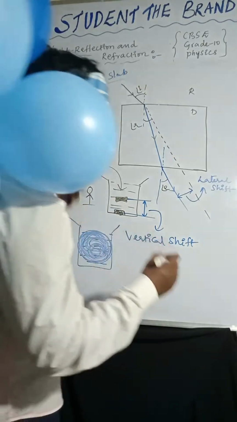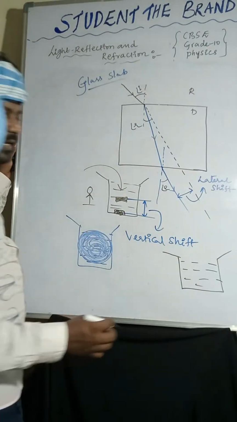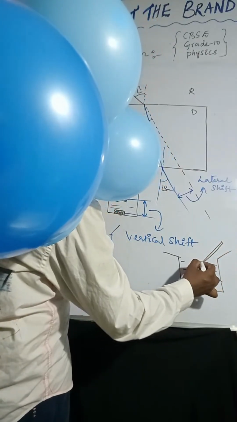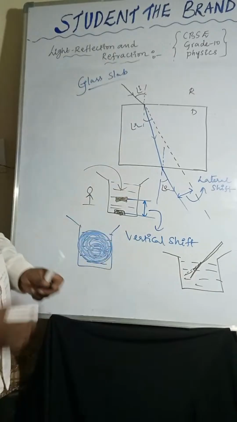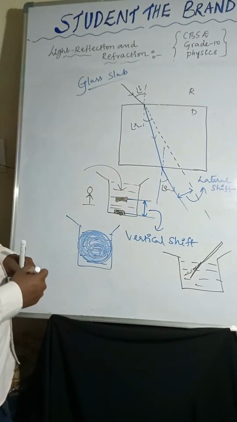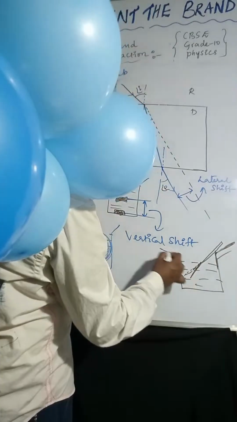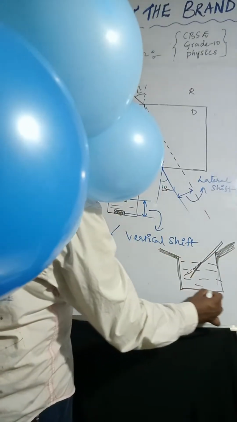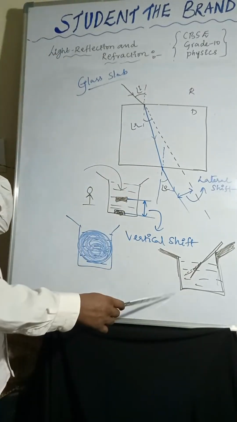One more example you can take: a pencil. The pencil is placed inside a water tumbler.